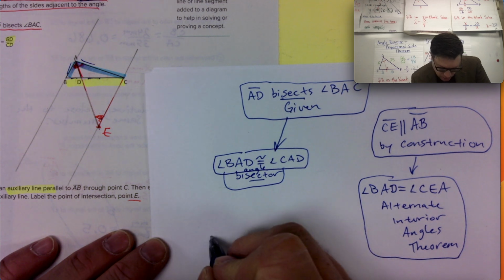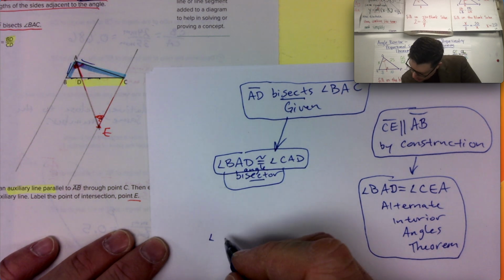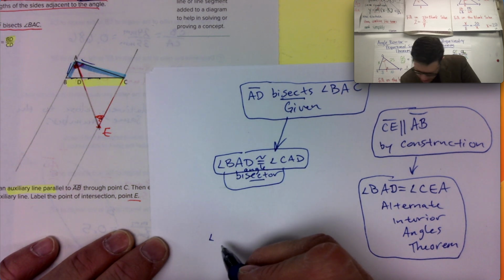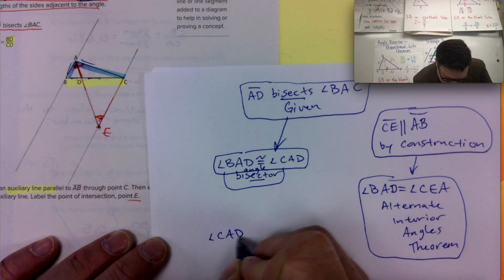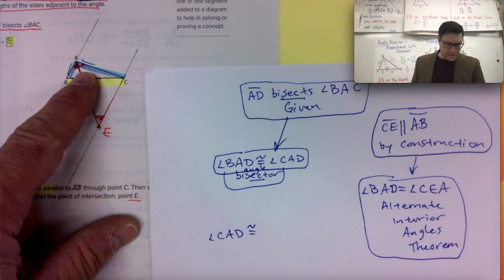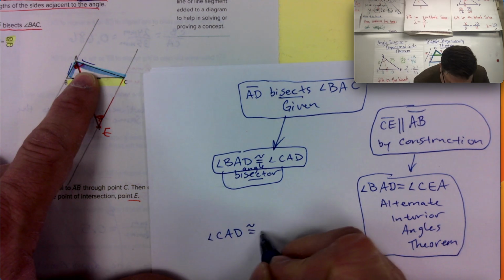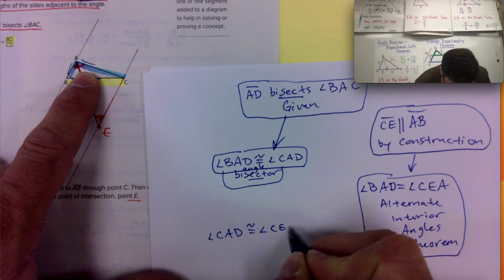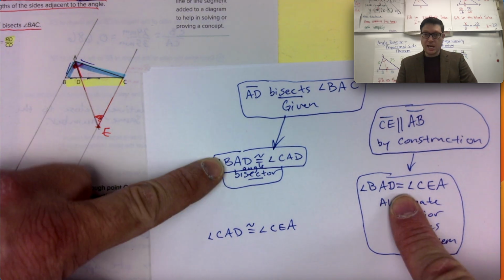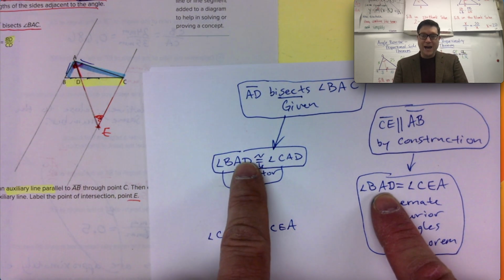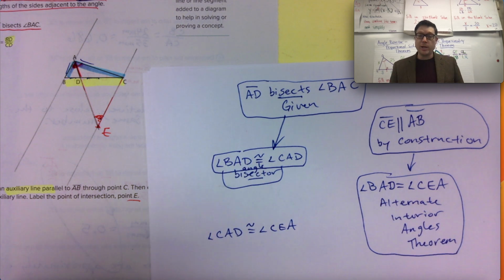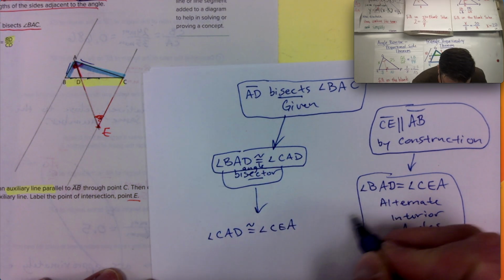So I'm going to say angle CAD is congruent. So this angle is CAD, and it's going to be congruent to angle CEA. If you bring both of these statements together, they both have BAD in common. So we can bring them together.